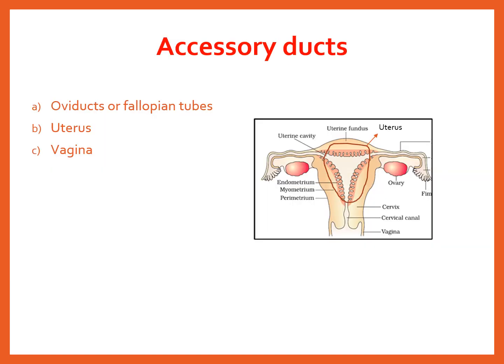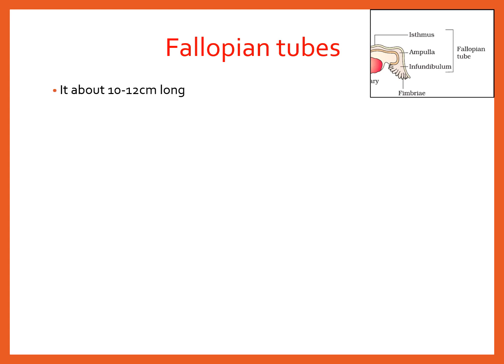The accessory ducts in the female reproductive system are the oviducts or the fallopian tubes, uterus and the vagina. The fallopian tube. It is about 10 to 12 centimeter long. It extends from the periphery of each ovary to the uterus.